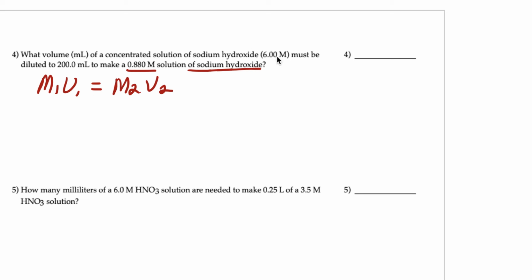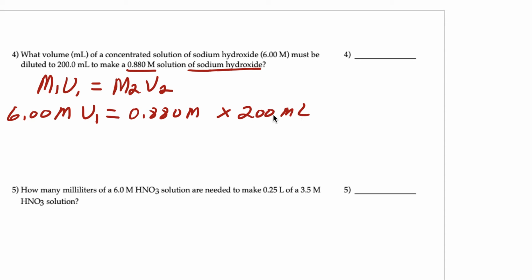Our M1 is 6 molar, and they want to know what volume, so we're looking for V1, and our M2 is 0.880 molar. We'll multiply that by 200 milliliters.